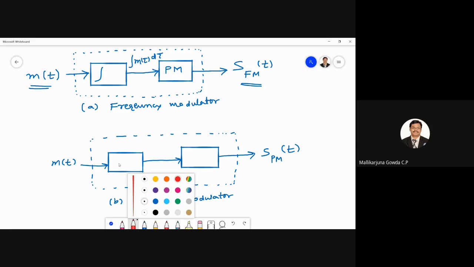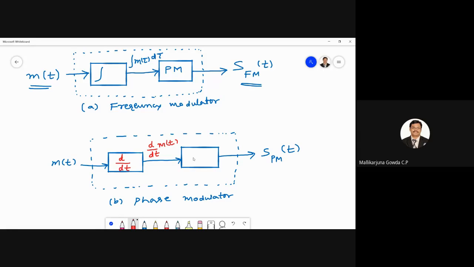In the same way, here the PM wave corresponding to m of t is obtained if I differentiate this message signal. Means if I use a differentiator here, I get d by dt of m of t.